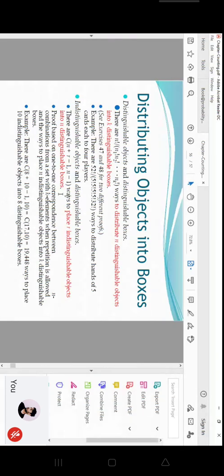I request that from Rosen, go through this chapter and practice problems on distinguishable objects and boxes, as well as indistinguishable objects and boxes. We have 2 specific formulas for distinguishable objects with distinguishable boxes, and indistinguishable objects with distinguishable boxes. In the other 2 cases, there is no such specific formula, so we have to use the concepts logically.